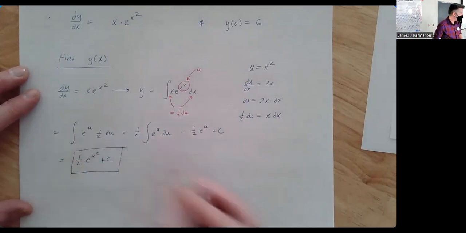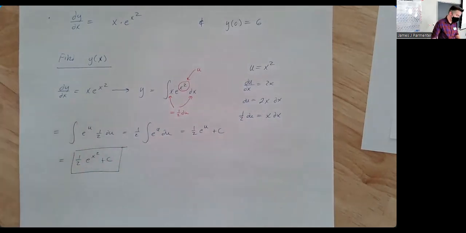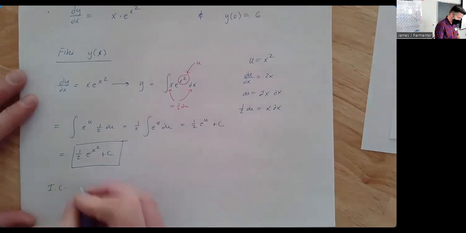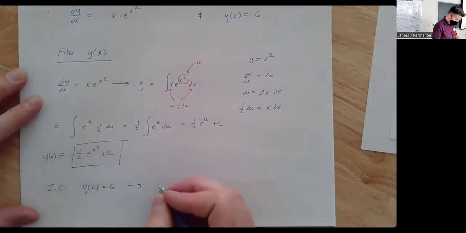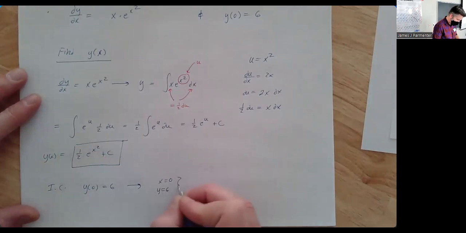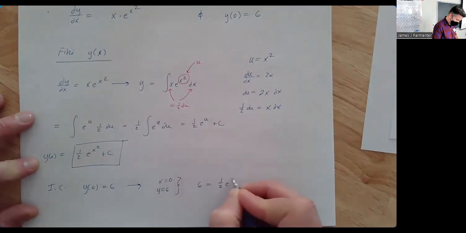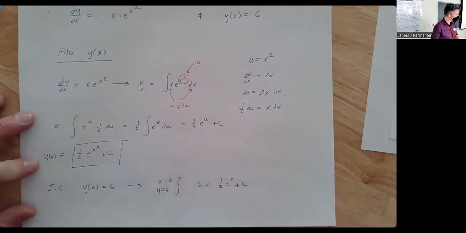Now, normally, that's where we'd be done. But in this case, they gave us an initial condition, that y of 0 is equal to 6. So we're going to plug in x equal to 0, y equal to 6, and we're going to get 6 equal to 1/2 e to the 0 plus c.